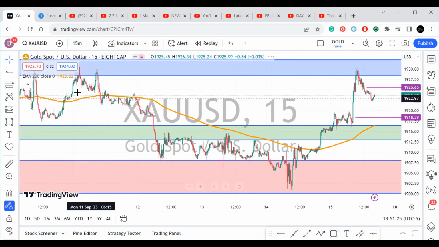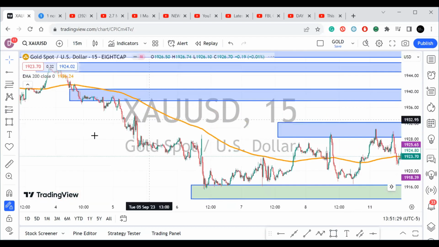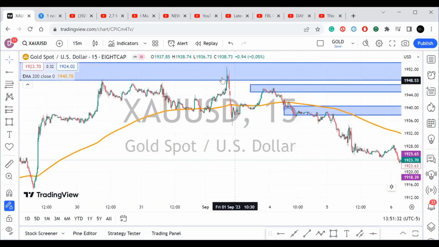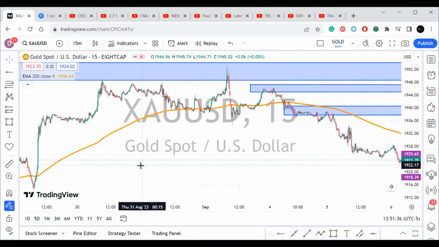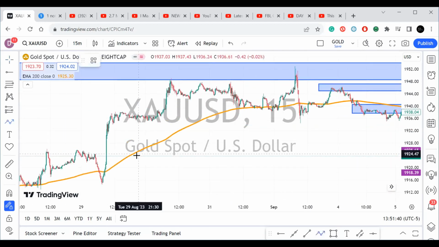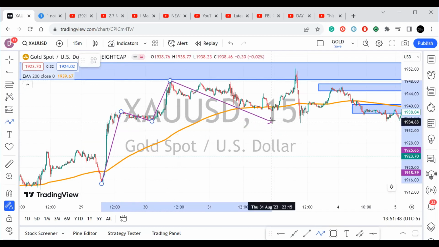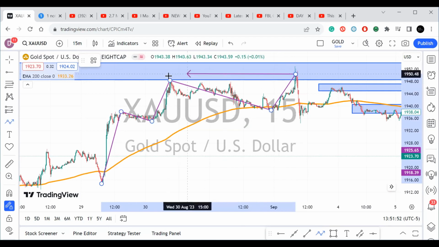that's actually when you will see the structure clearly. Starting from this high. Because when we were buying, this was the last low. We have a high, we have a low, we have a high, we have a low, we have a high here, then price came and broke this low.